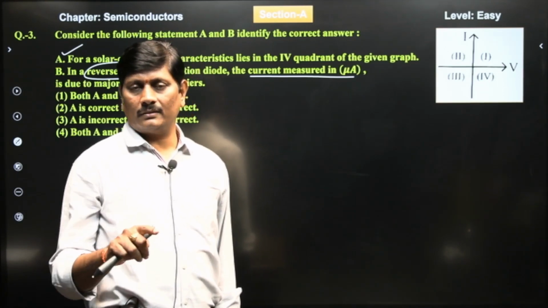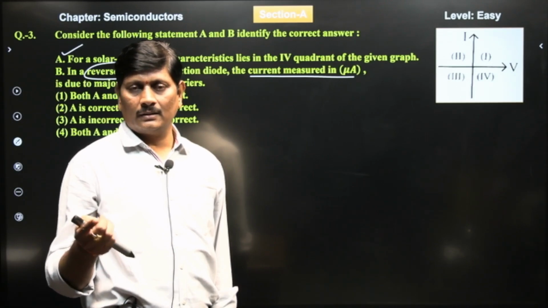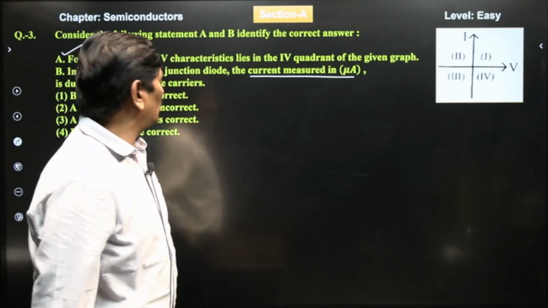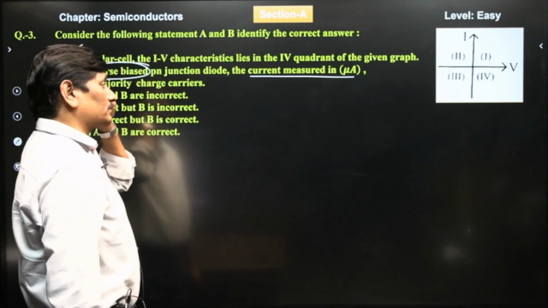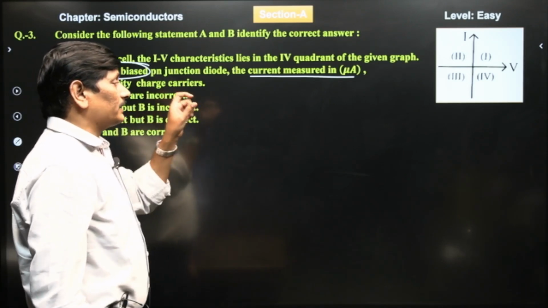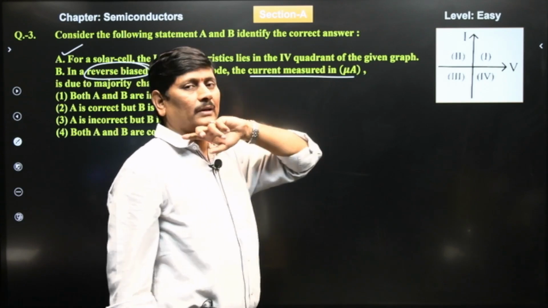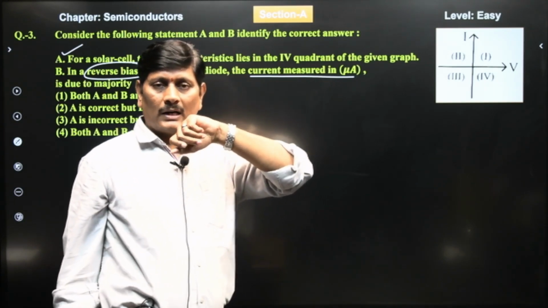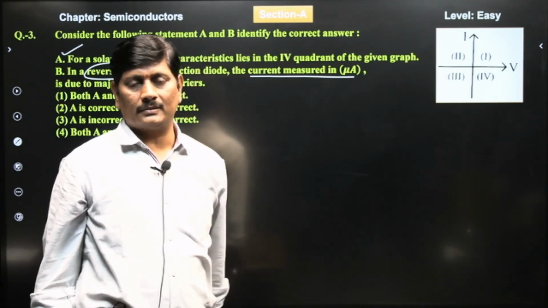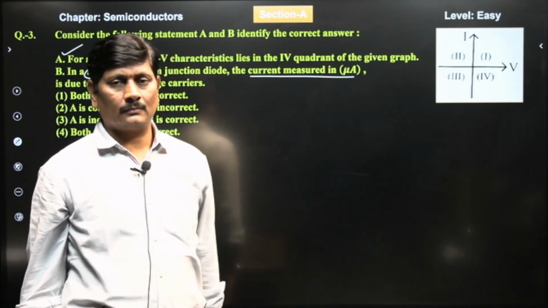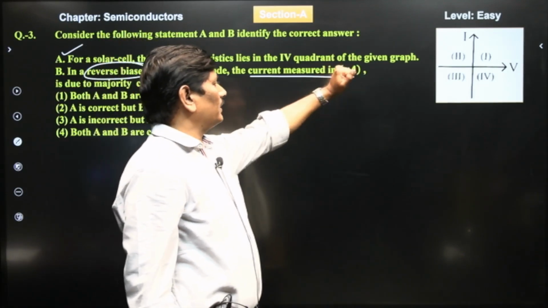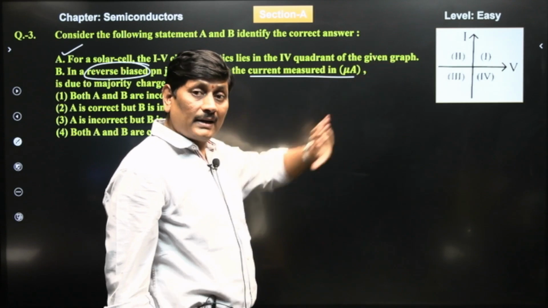That minority number is very small, that's why we get very little current in the order of microamperes. If you see forward bias current, it is in milliamperes, quite a large current. Reverse bias current is in microamperes, very small current due to minority carriers.